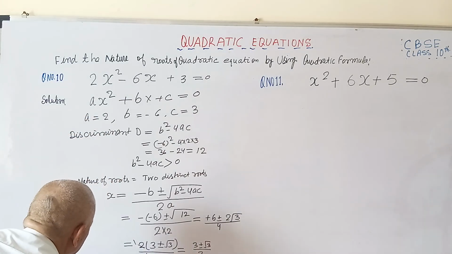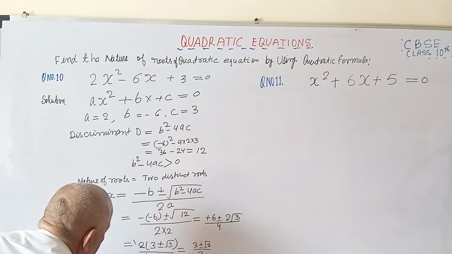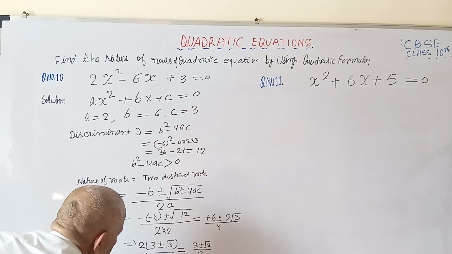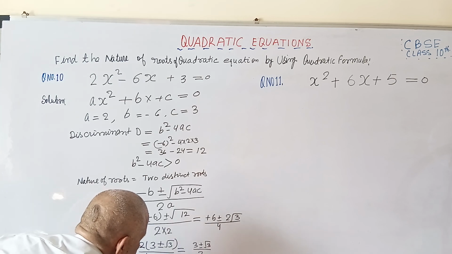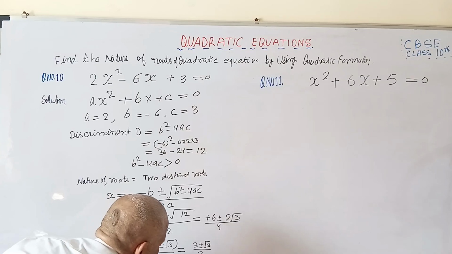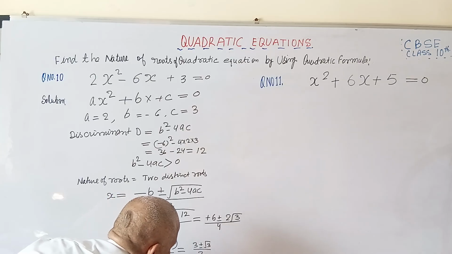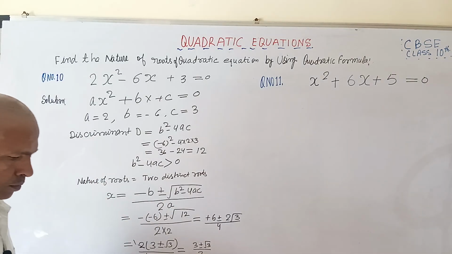So our answer is: roots of equation equals to 3 plus root 3 by 2 and 3 minus root 3 by 2. So this will be our answer for question number 10.